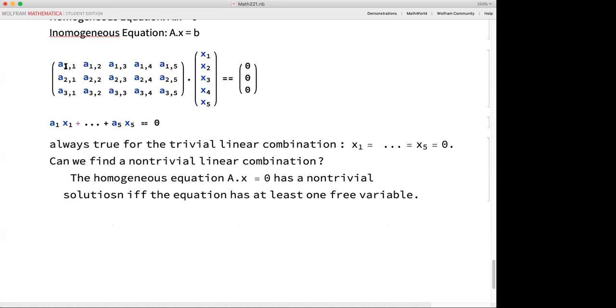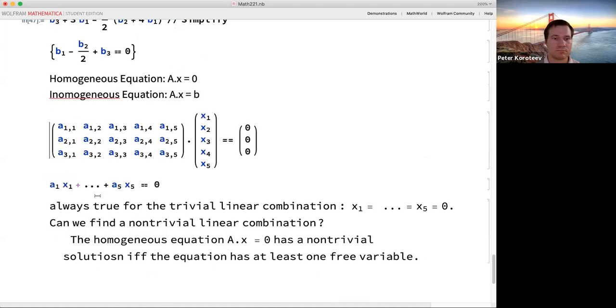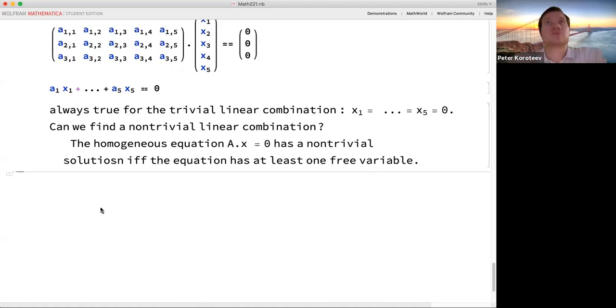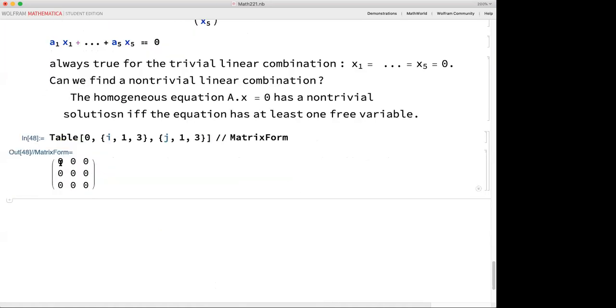So let's look at an example, and then it will be the last thing for today. Let's take this matrix.